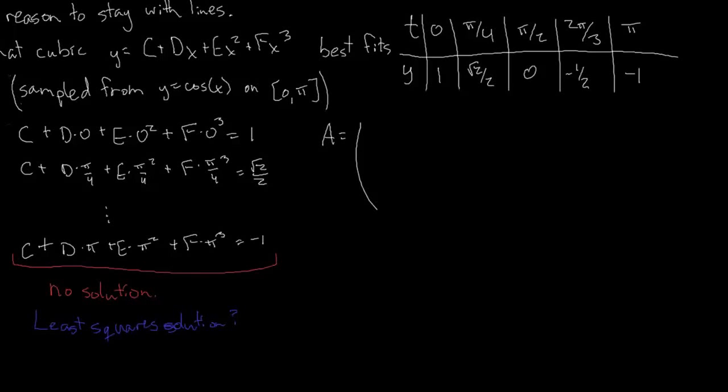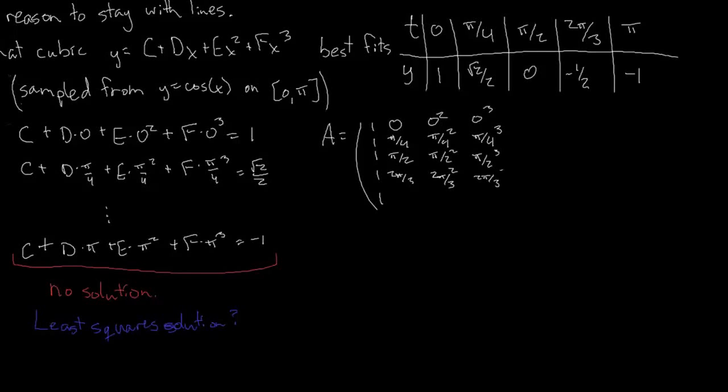I take A to be the coefficient matrix. So that's going to look like all 1s, and then the inputs 0, pi over 4, pi over 2, and so on, then 0 squared, 0 cubed, pi over 4 squared, pi over 4 cubed, pi over 2 squared, pi over 2 cubed, etc. This kind of matrix is called a Vandermonde matrix, and it is always invertible, as long as you choose your t's at different points and you choose the size correctly.